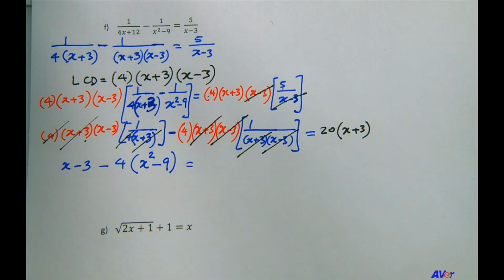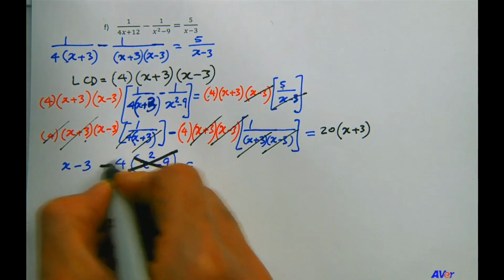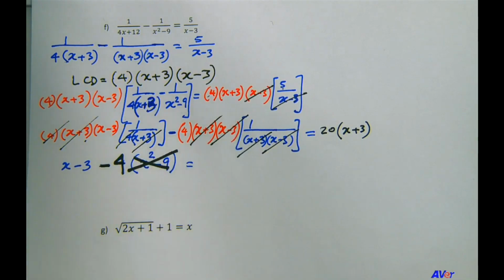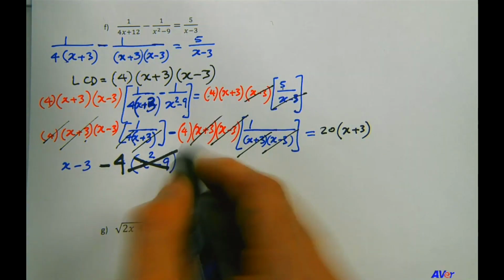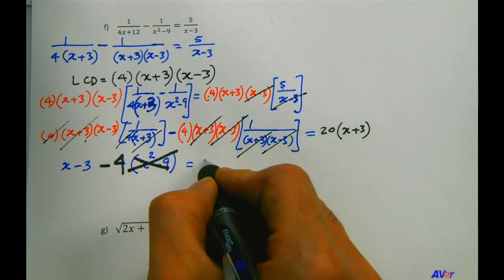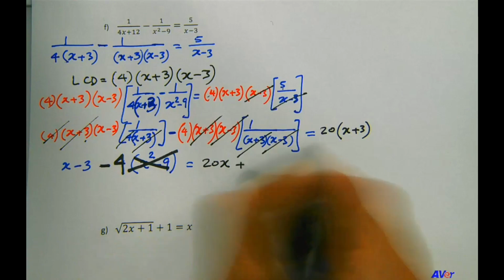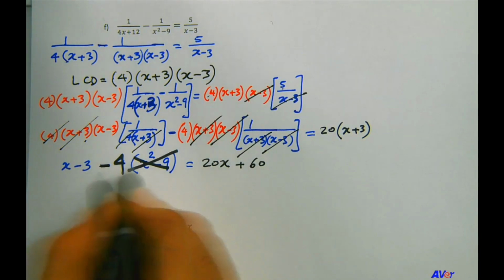Sorry about that. So this is just minus 4. And I will clean this up before posting this sheet on Canvas. So minus 4 is all we end up with here. On the other side, we have 20x plus 60.